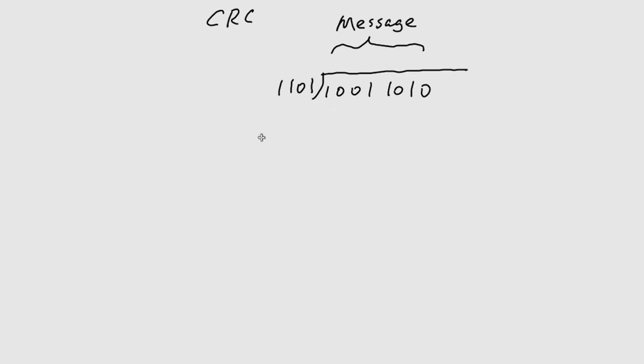First, we need to find the length of this divisor, L. Now you see it's 4 digits, so we need to append L minus 1 zeros to the original message. So we need to append 3 zeros to the original message. This is because we want the remainder to be less than the divisor.